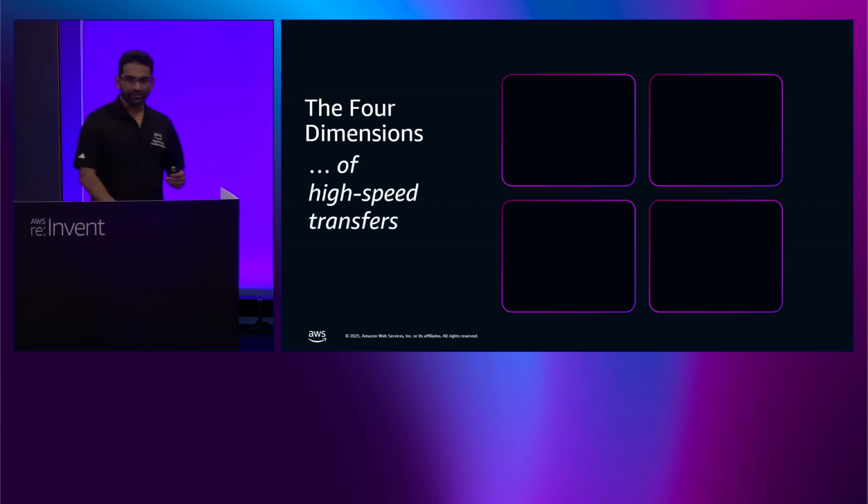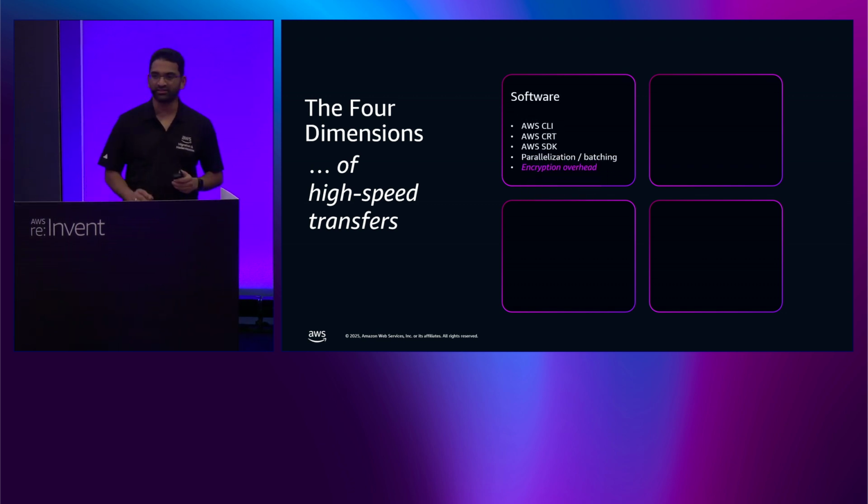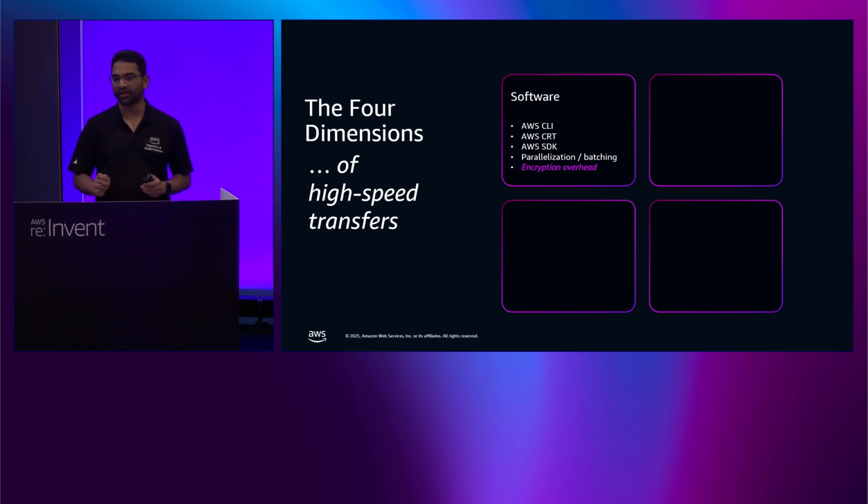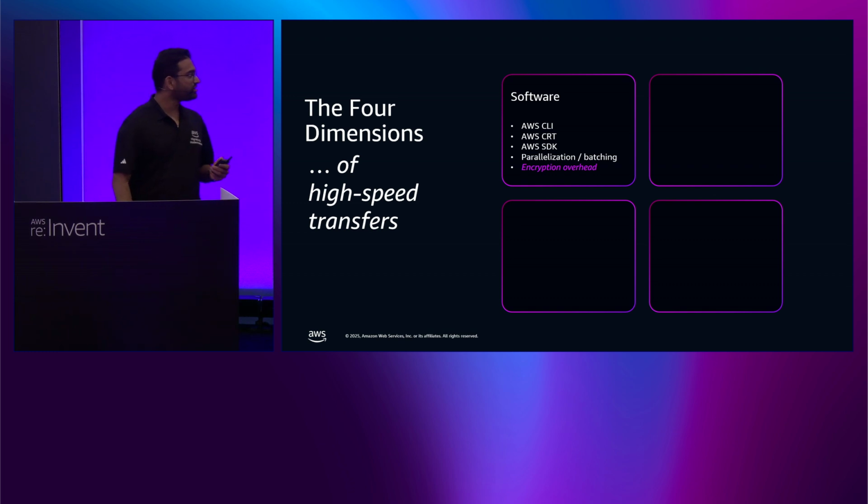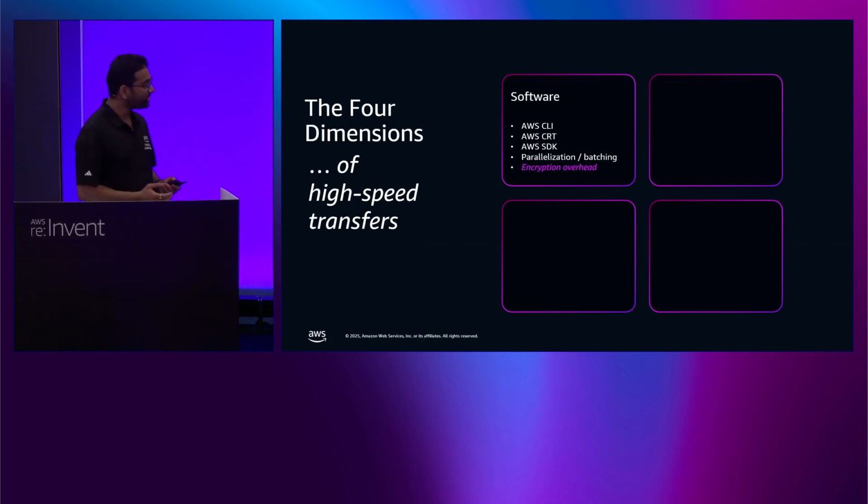The first, at the software level, it is recommended to use AWS S3 copy or AWS S3 sync commands, which are part of our command line interface, right? And for best transfer rates, it is also recommended to leverage optimizations by using AWS Common Runtime, which is a library implemented using C, which is usually more performant than the default Python interpreter, right?